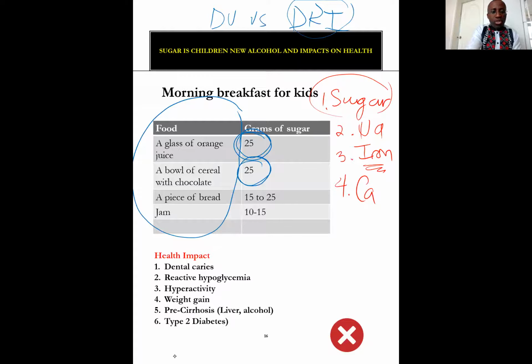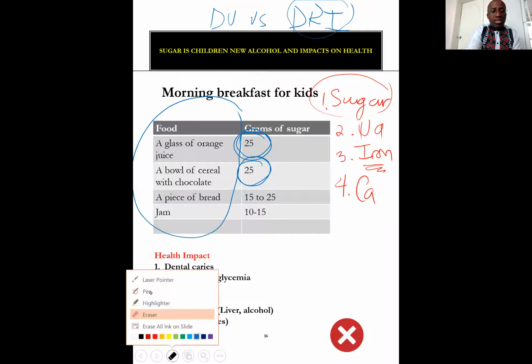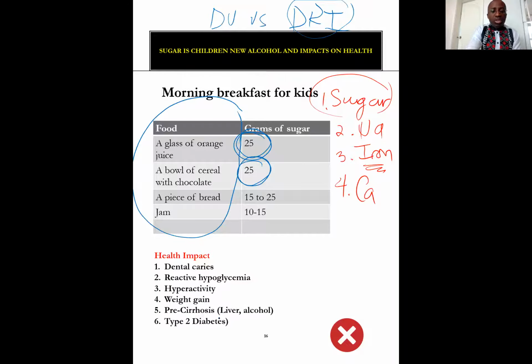So if they are part of the carbohydrates, then we know that 1 gram of sugar is going to give me how many kilocalories? 1 gram of sugar is going to give me 4 kilocalories.